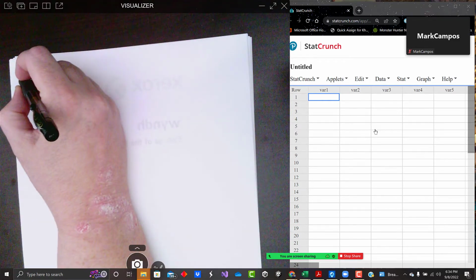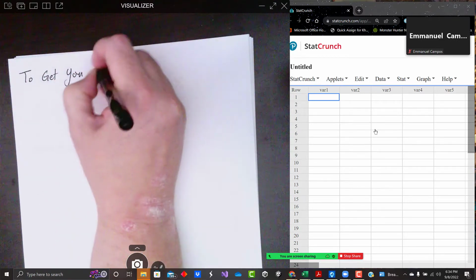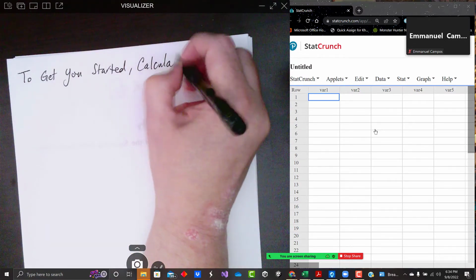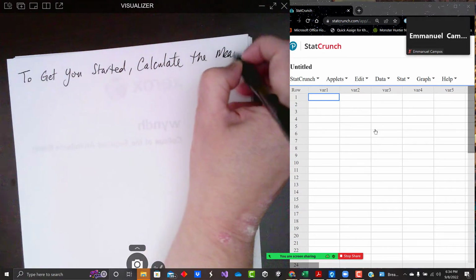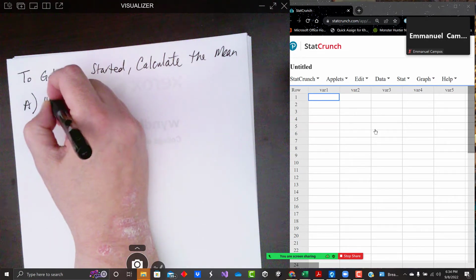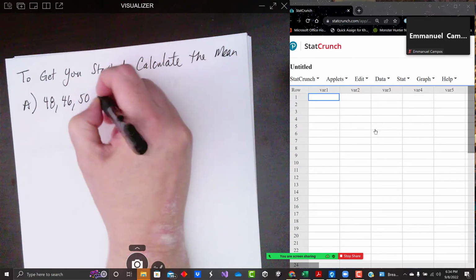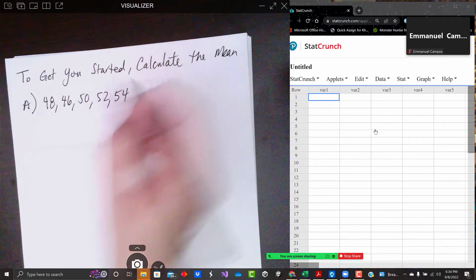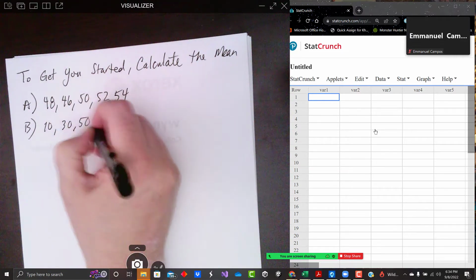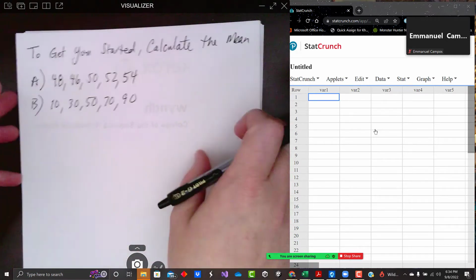So, to get you started, calculate the mean for Group A, which is going to have 5 numbers, and Group B, which is also going to have 5 numbers. So calculate the mean for each of those groups.